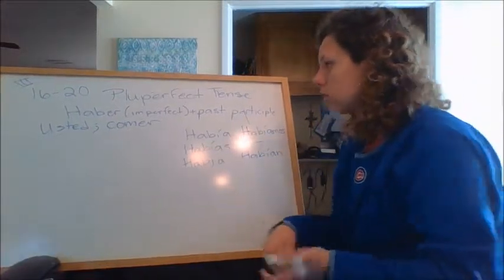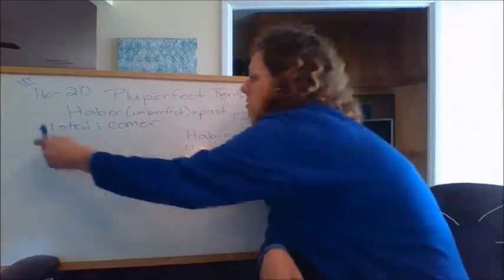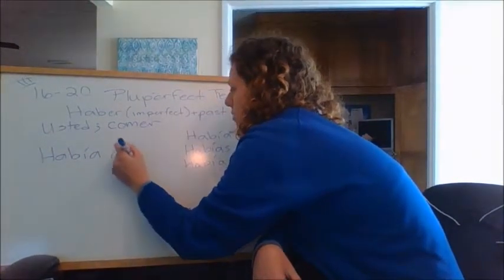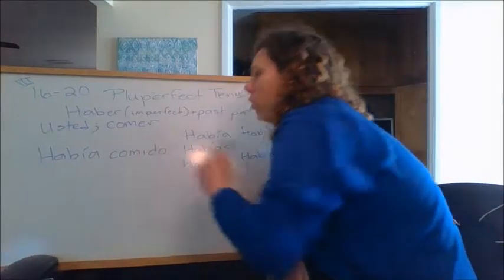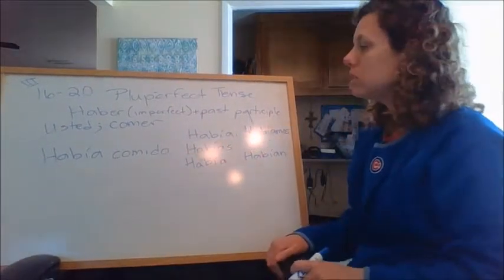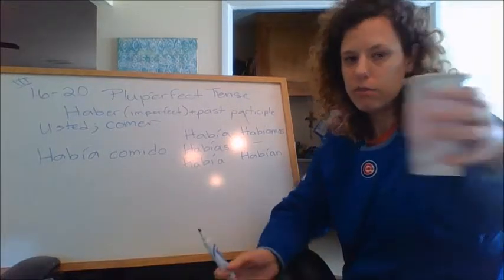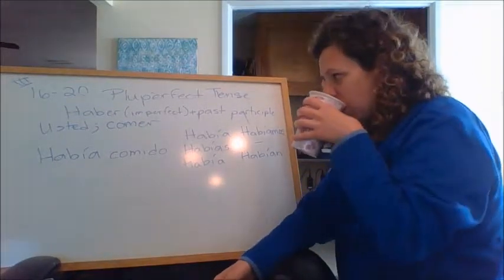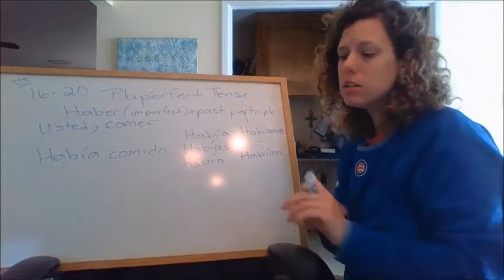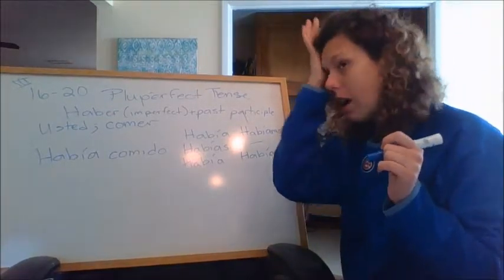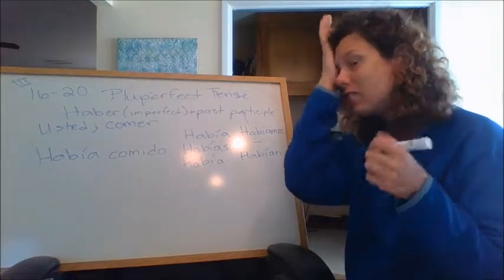So usted comer is going to be había comido. Comer is a regular verb, which means that we drop this ending and we add ido since it's an ER verb. Now, just to recap, present perfect means I have done something.